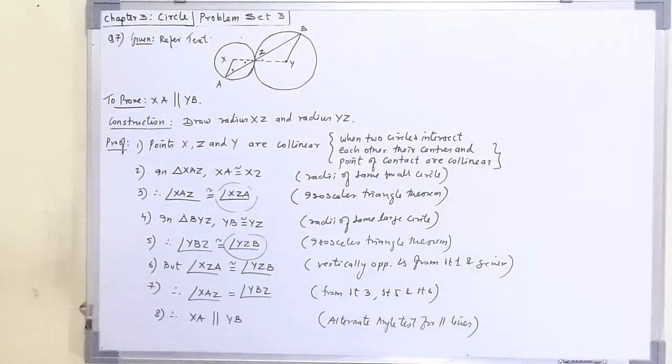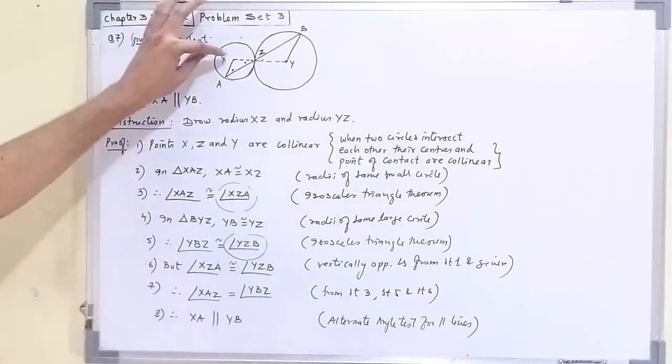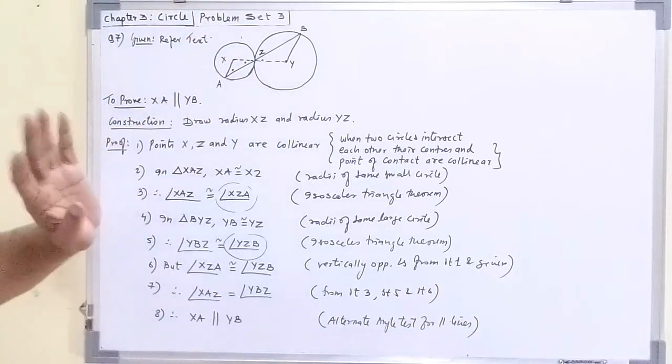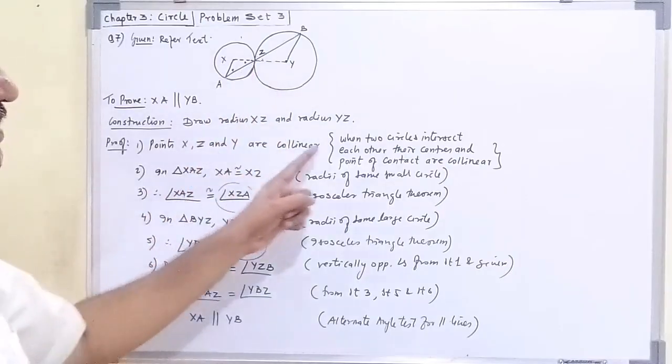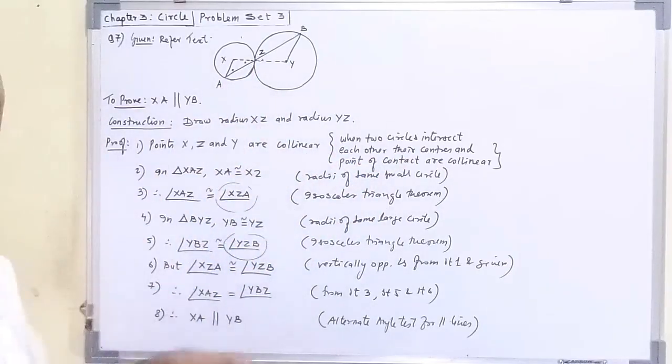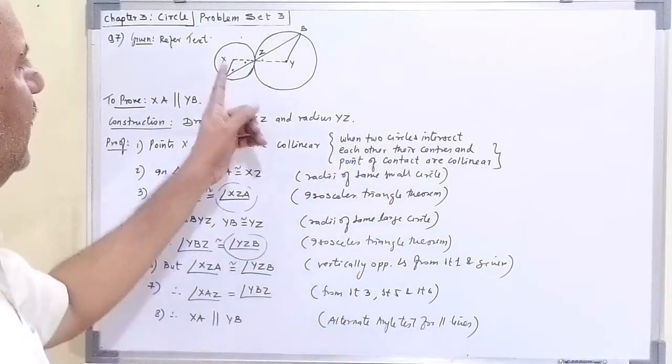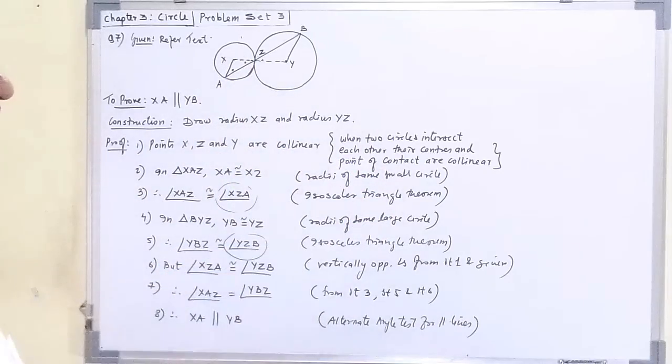देखो हमने क्या किया है, these two circles intersect each other in point Z. So points X, Z and Y are collinear. When two circles intersect each other, whether externally or internally, their centers and a point of contact lie in the same straight line. Means they are collinear.